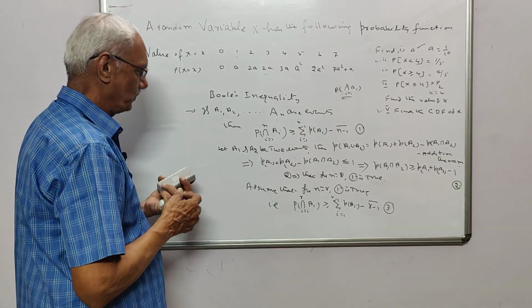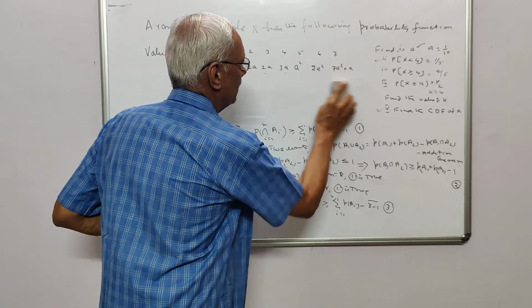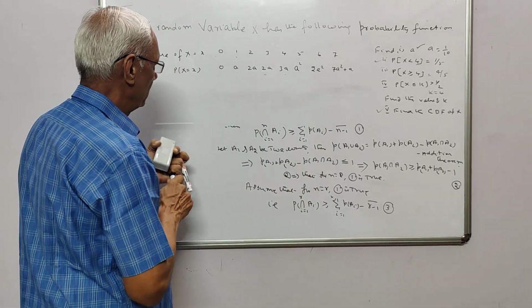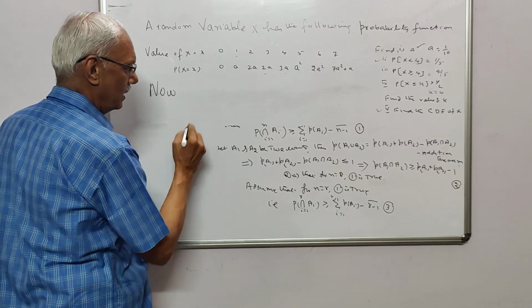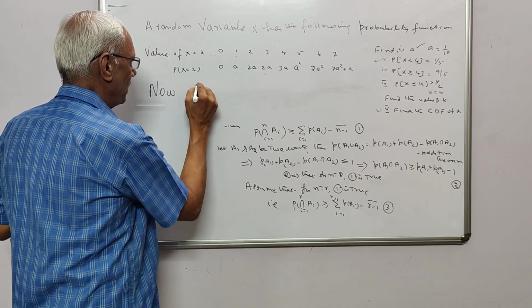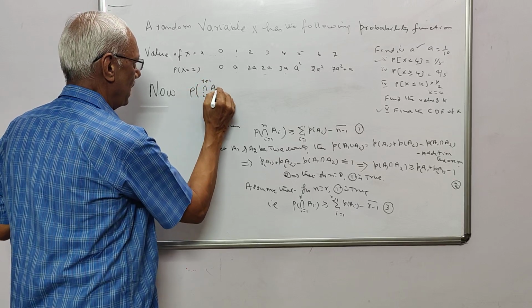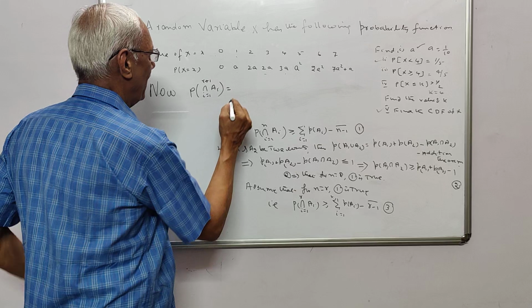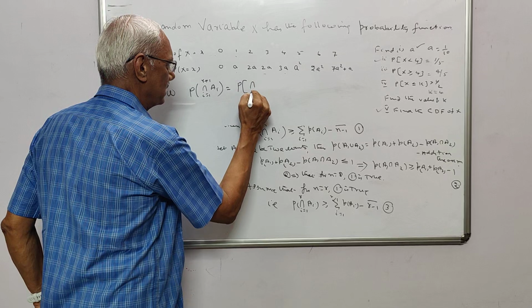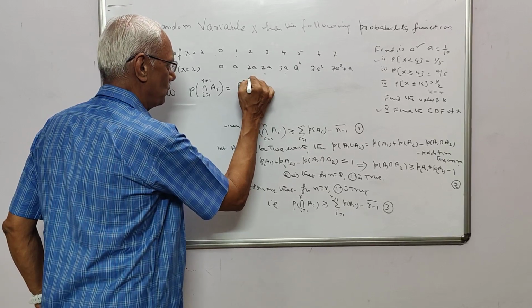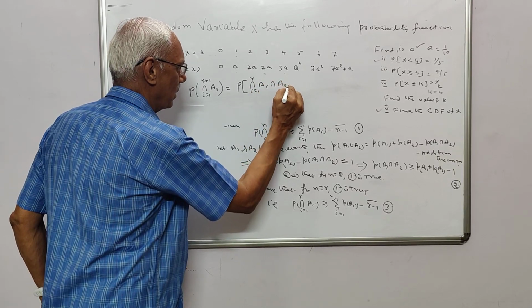So let me write here. Now, the conjunction of ai, i is equal to 1 to r plus 1, can be written as P of the intersection of the conjunction of ai, i is equal to 1 to r, and ar plus 1.